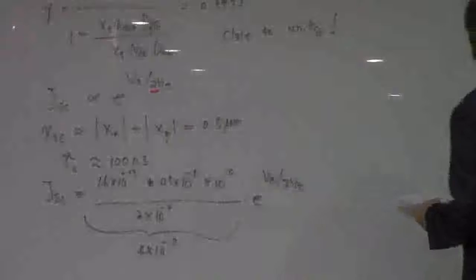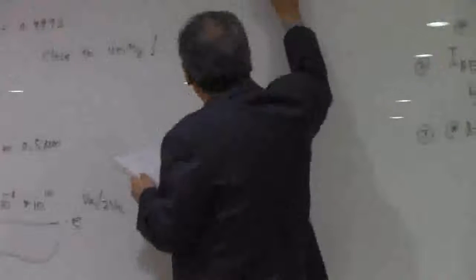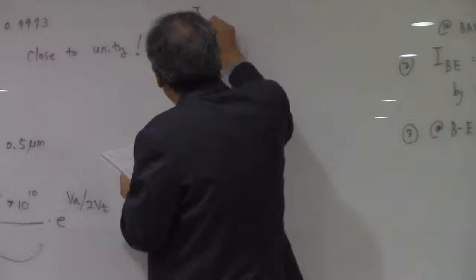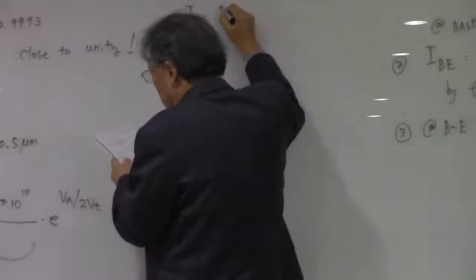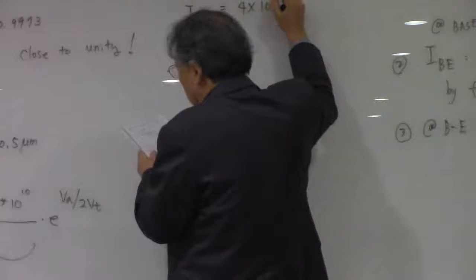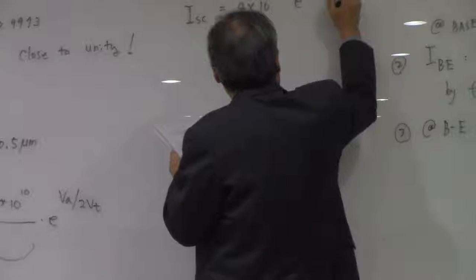So if you do the calculation of that, let's say the area is about 10 to the minus 5, and the current is going to be 4 times 10 to the minus 12 e to the VA over 2 VT.